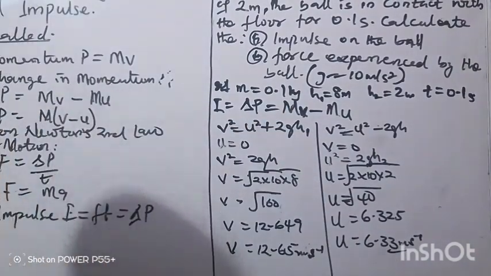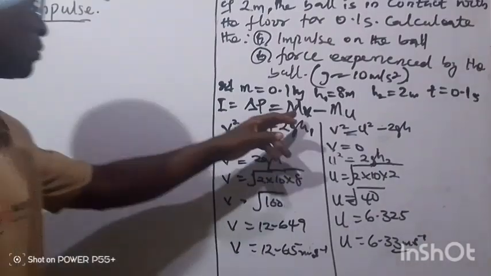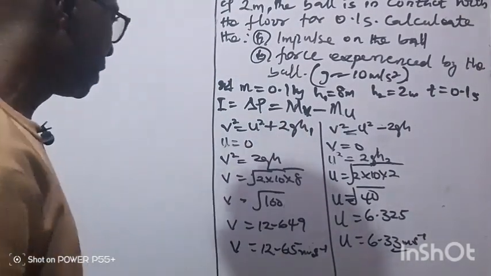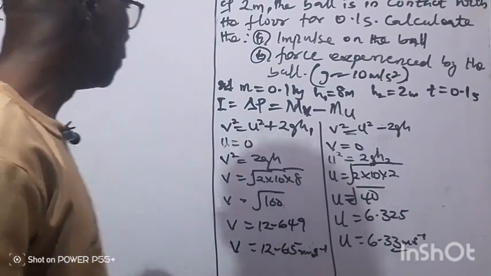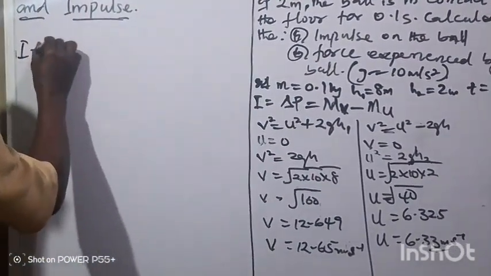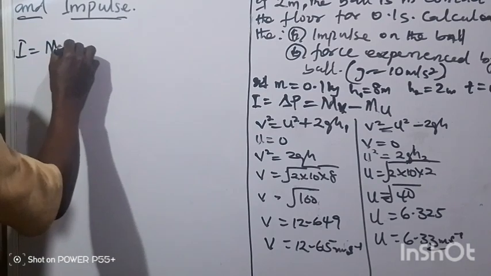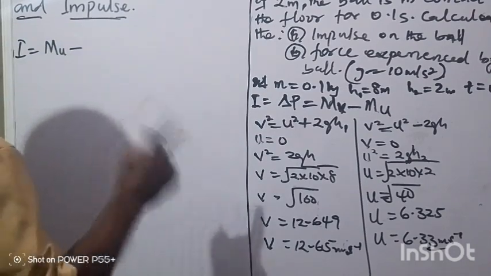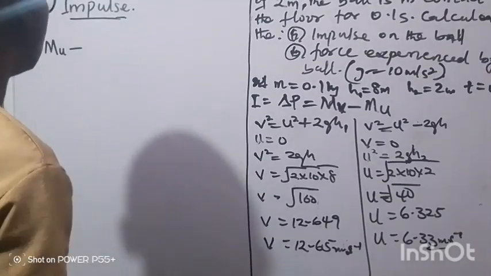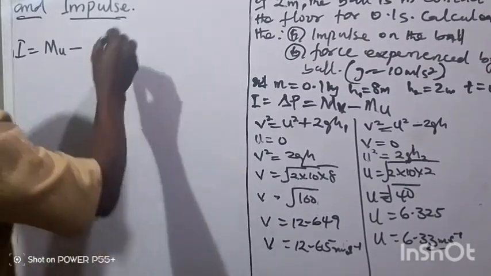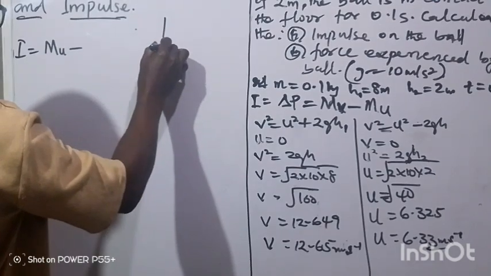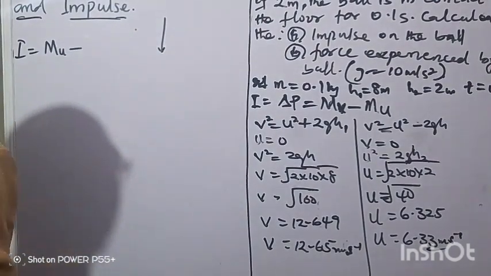So now it is possible for us to calculate the change in momentum. Since we know our v, which is final velocity, and our u is already known, we can now say that the impulse will be equal to mv minus, mind you, for momentum to change under this motion, the ball is moving downward at the height of 8 meters.